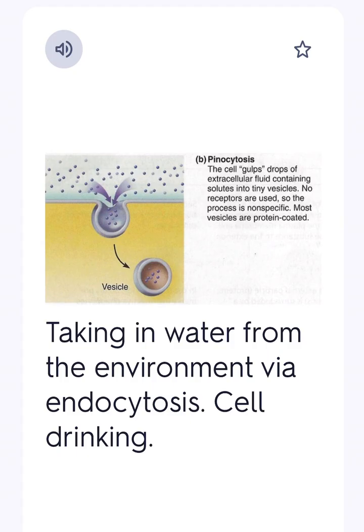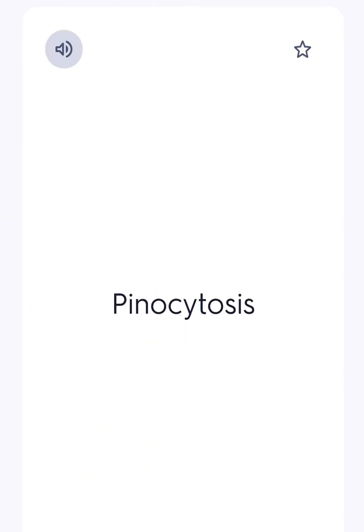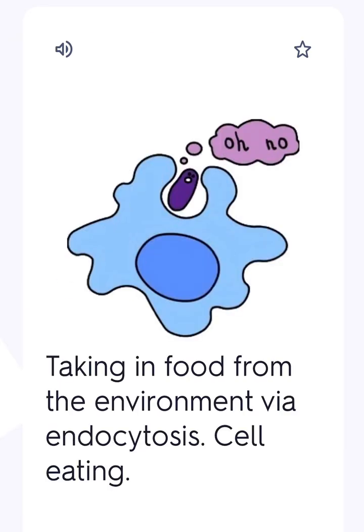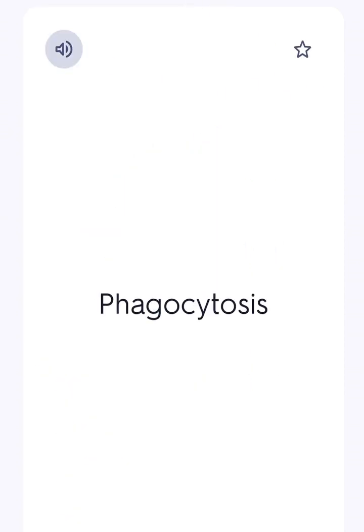Taking in water from the environment via endocytosis, cell drinking: pinocytosis. Taking in food from the environment via endocytosis, cell eating: phagocytosis.